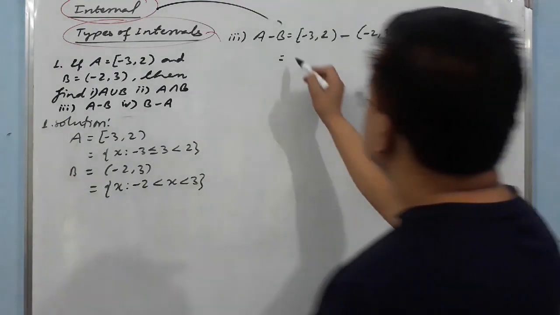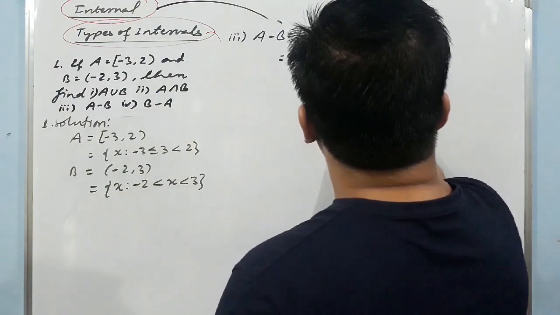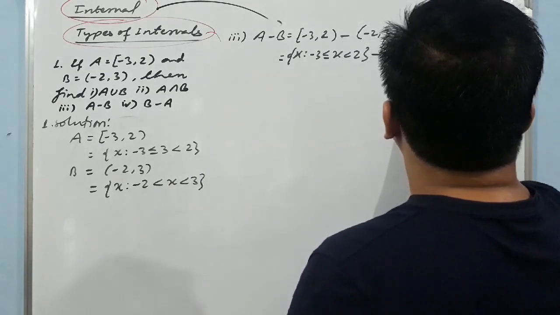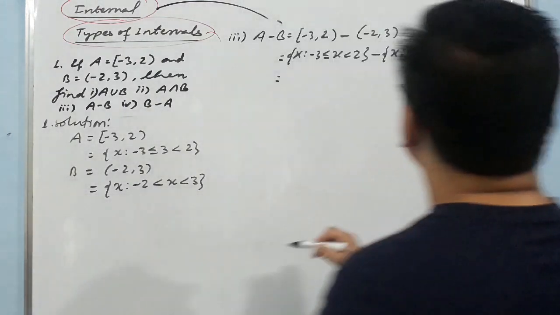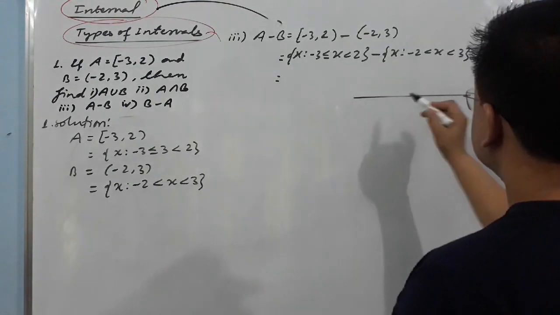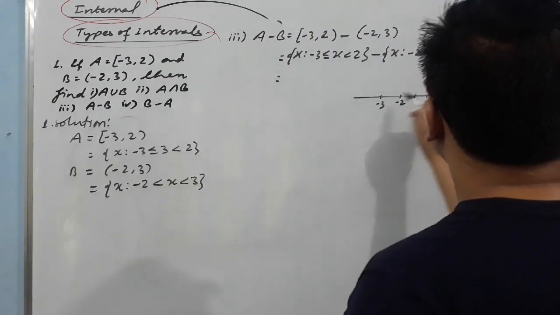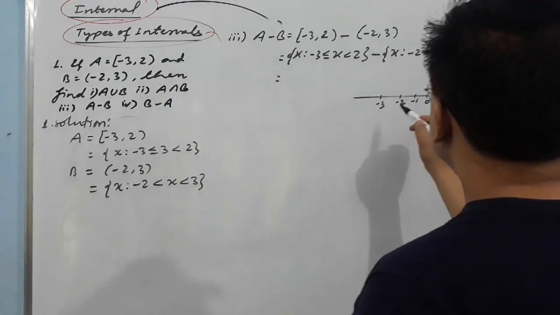So let's write down in set builder form: A is x such that minus 3 less than or equal to x less than 2, and B is x such that negative 2 less than x less than 3. Now let's draw for this. Also 0, negative 1, negative 2, negative 3, 1, 2, 3.